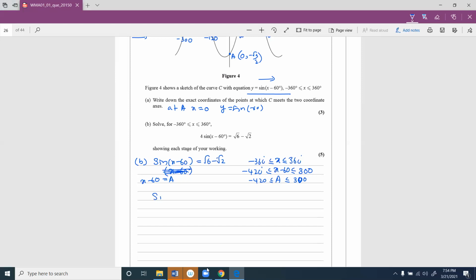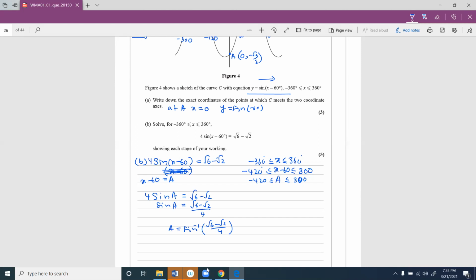So you can write 4 sine A equals root 6 minus root 2. Then sine A equals root 6 minus root 2 divided by 4. Therefore, A equals sine inverse of root 6 minus root 2 divided by 4.